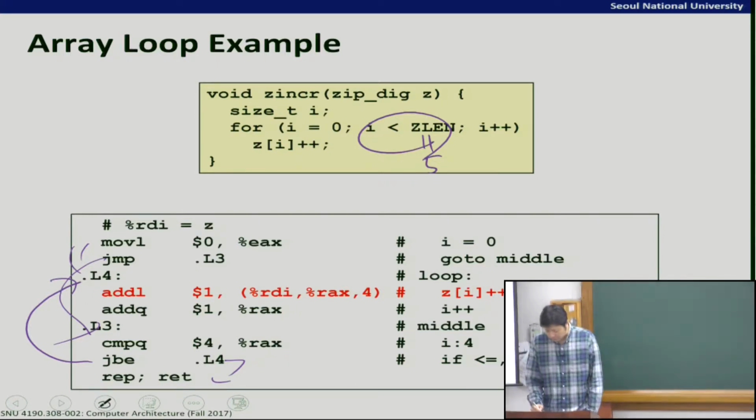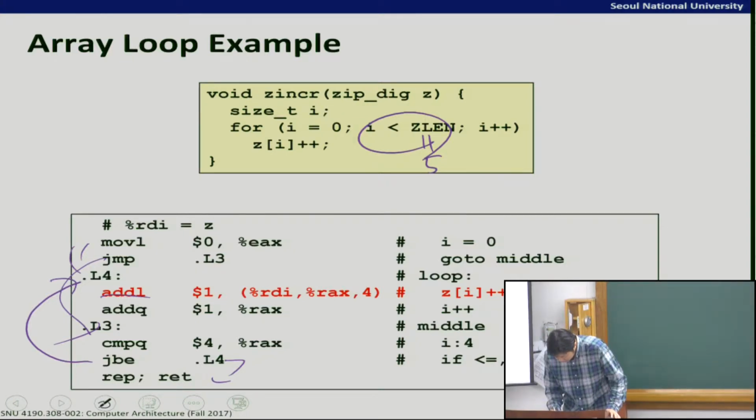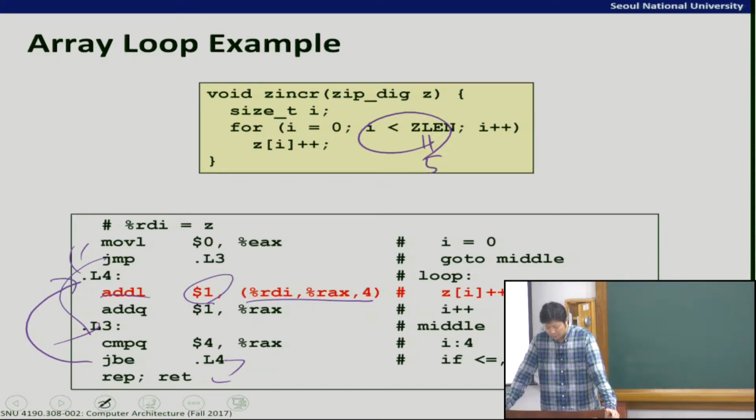So you pass the test, because initially I is 0, so we compare the value with 4, and I is less than 4. So we go to the header of the loop, and in this case we add 1 to the memory location pointed to by this tuple, RDI, RAX, 4.